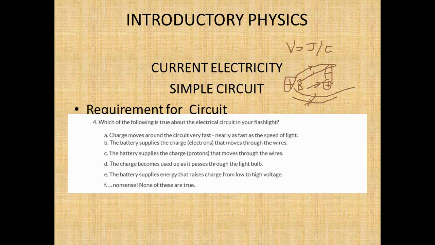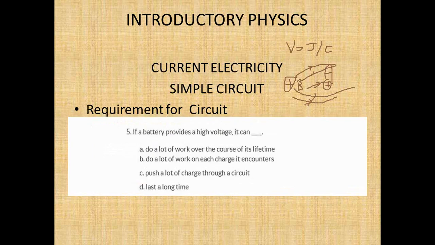Just like the water park, the pump is going to pump the water up to the top. You need nothing more. The water is going to flow down by itself. So if a battery provides a high voltage, it can do a lot of work on a charge, and then it can push a lot of charge through a circuit.